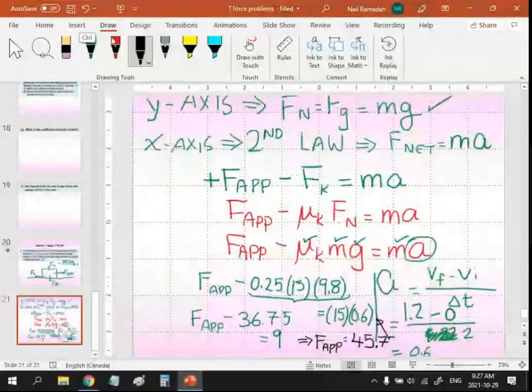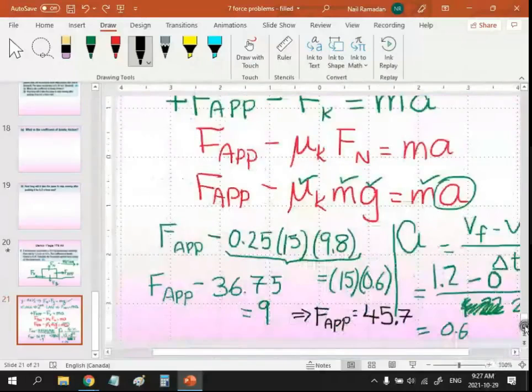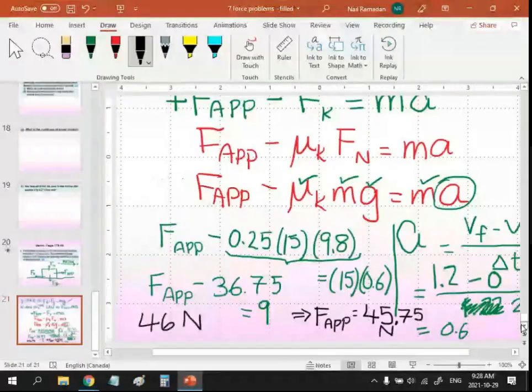So what do I do? Which number moves to the other side? The negative 36.7. So our applied force is 46 Newton.